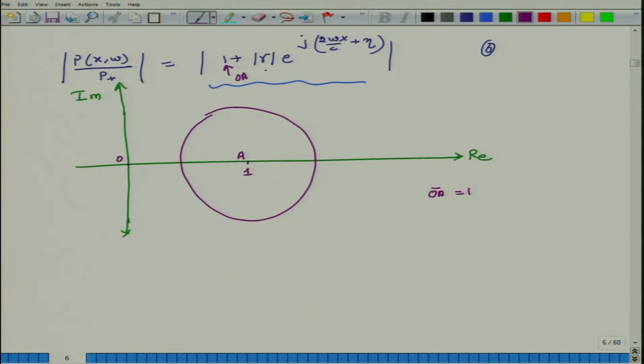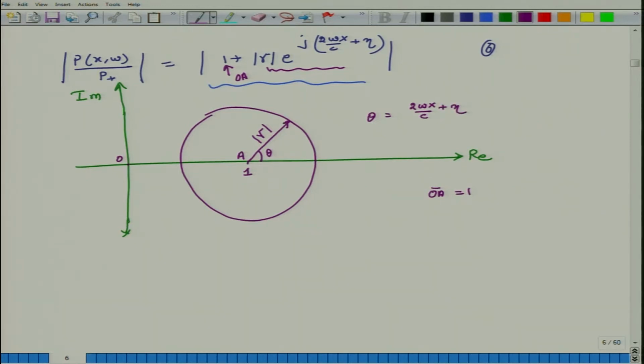This term can be denoted on this graph by a vector whose length is gamma, because its modulus is gamma. So, the radius is gamma, and this angle theta which it makes with the real axis is 2 omega x over c plus eta.